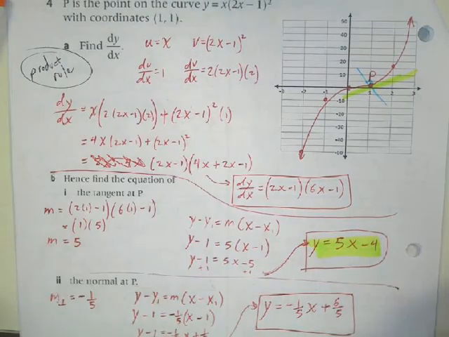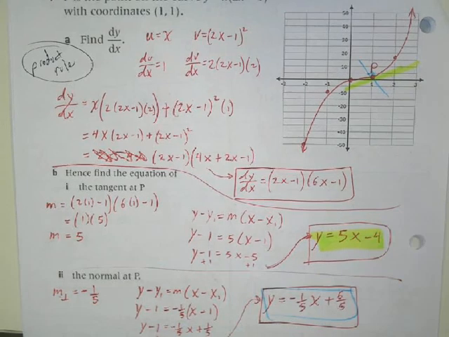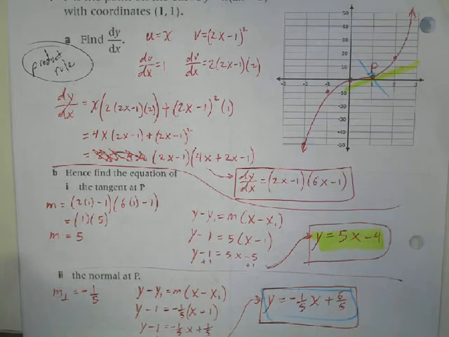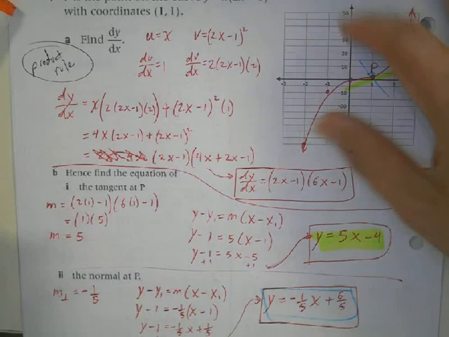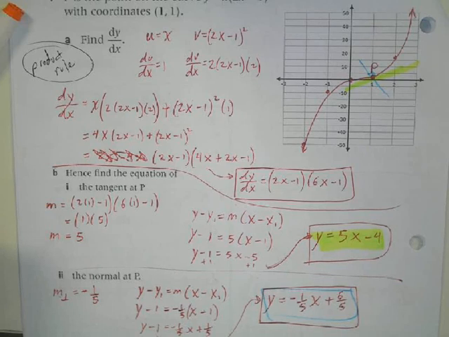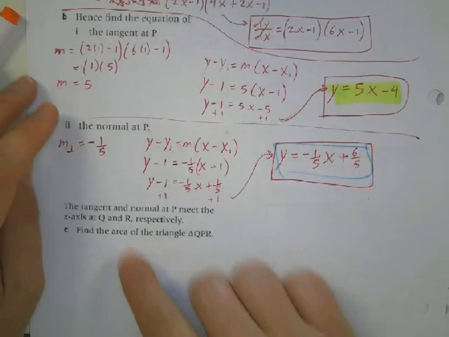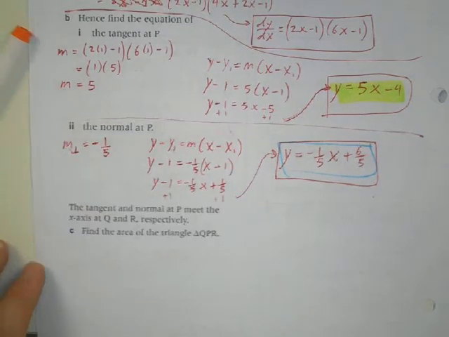The scale's funny, so it's not going to look 90 degrees, but it's supposed to be 90 degrees if the scale of the y was the same as the x. Because the scale is so funky, don't worry about this area question here.